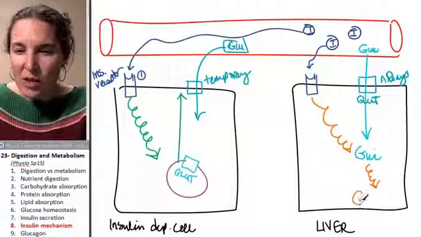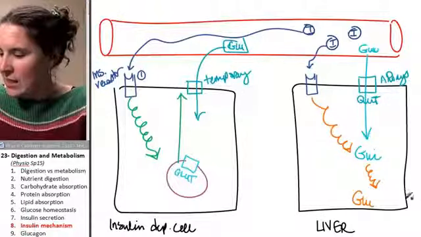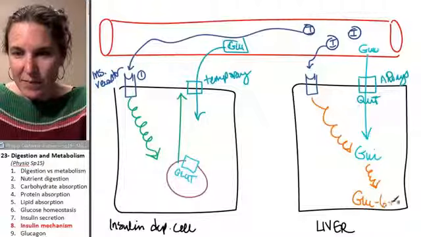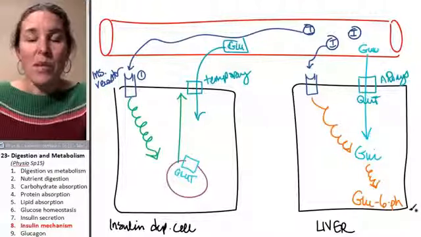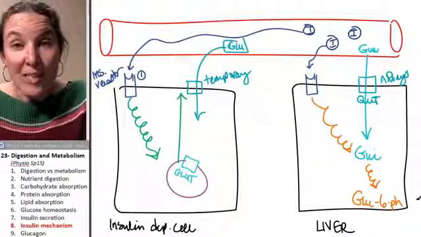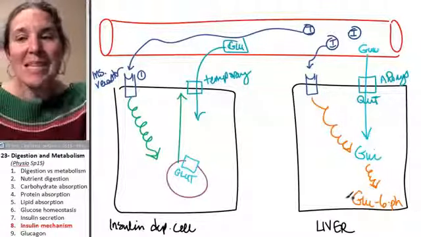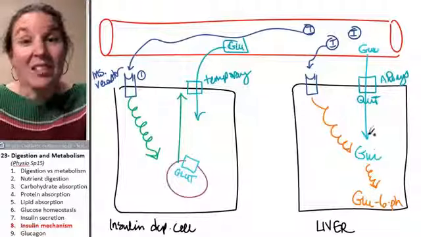It turns into glucose 6-phosphate. Glucose 6-phosphate, the important thing is that it turns into something else. This maintains a concentration gradient.